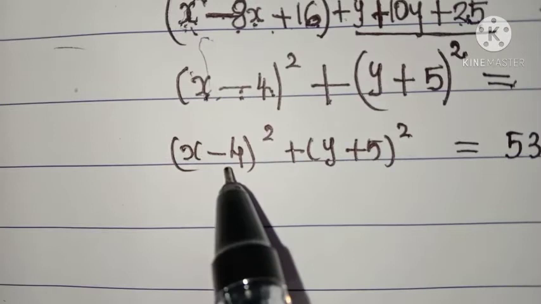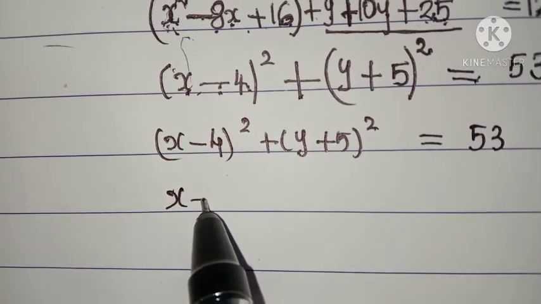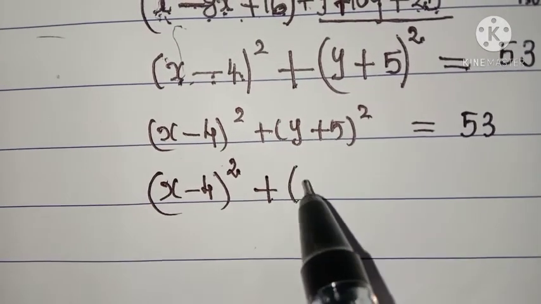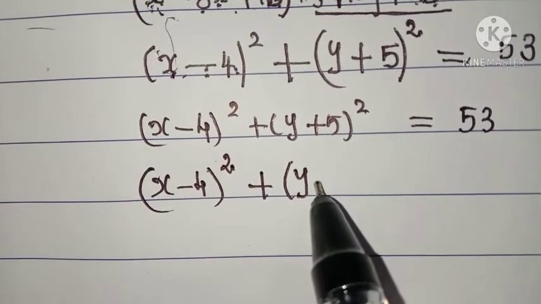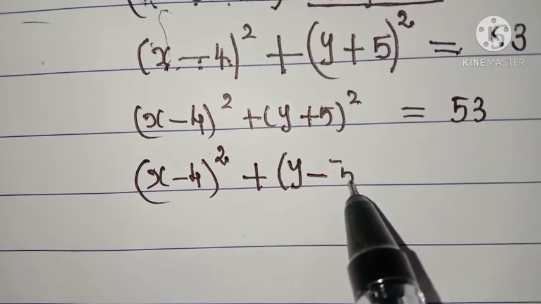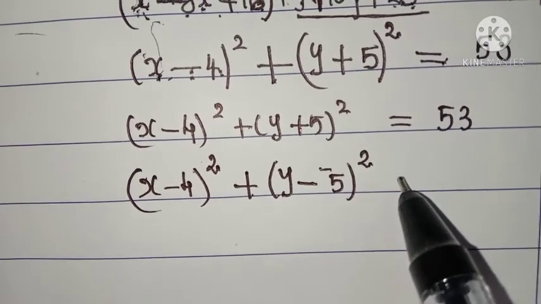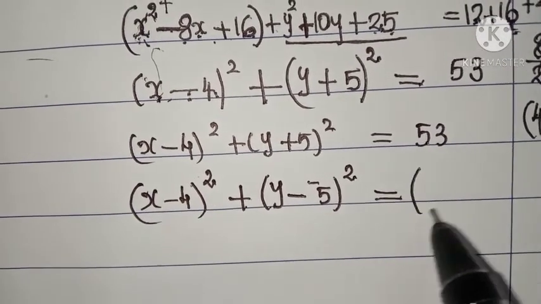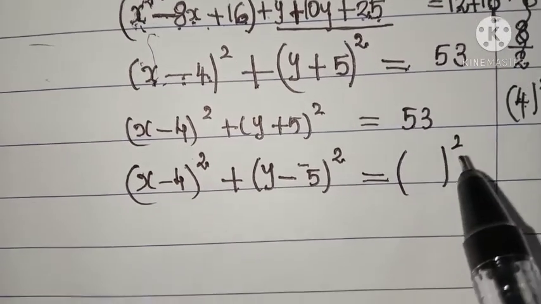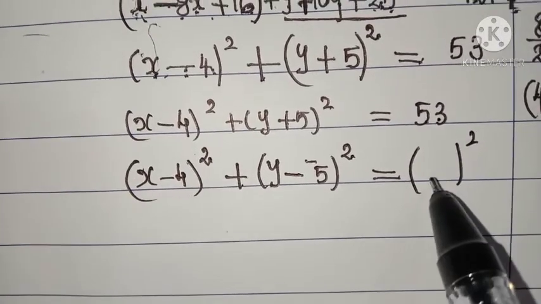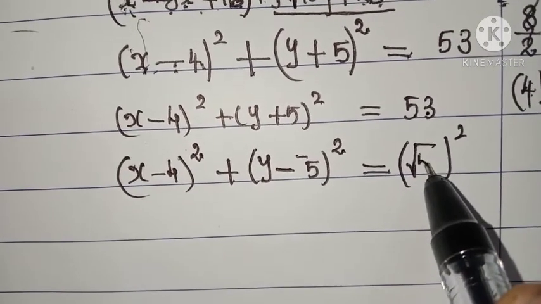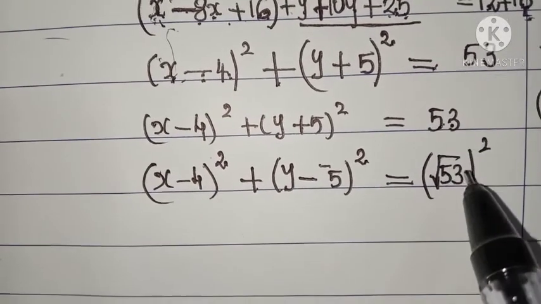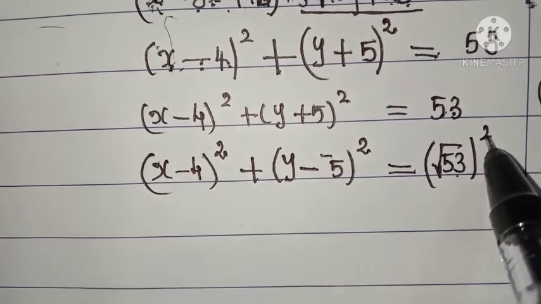Now let's see, this can be rewritten as x minus 4 whole square plus y, change this plus sign as minus 5, equal to, and listen, 53 can be written as the square of a number. Can you say the square of which number is 53? Yes, it is root of 53, because 53 is not a perfect square. So 53 can be written as root of 53 square.